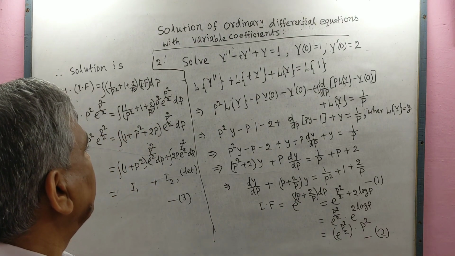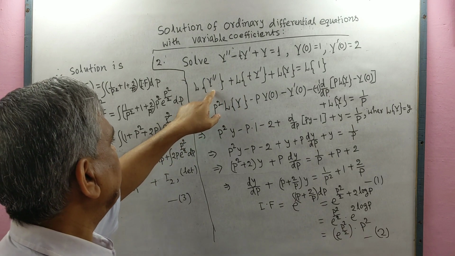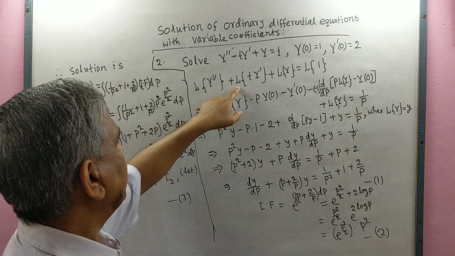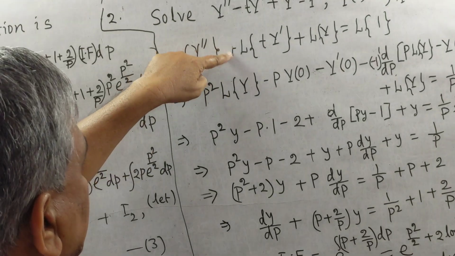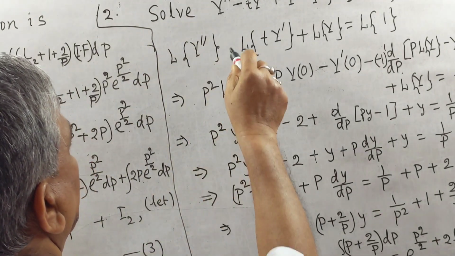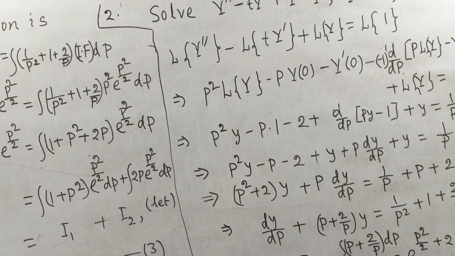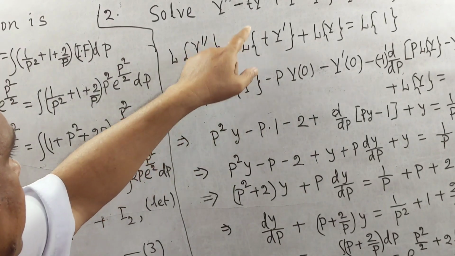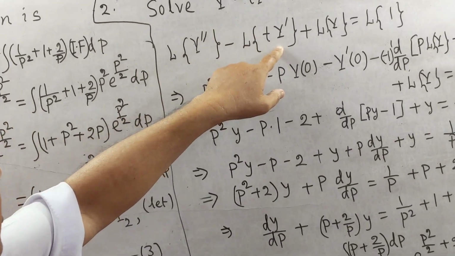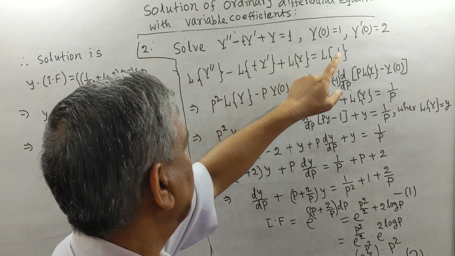Now apply Laplace transformation on both sides. L[y''] plus L[ty'] plus L[y] equal to L[1].